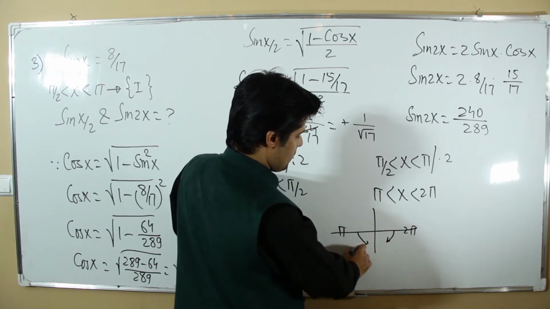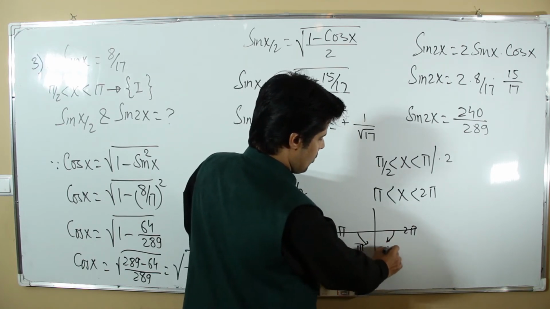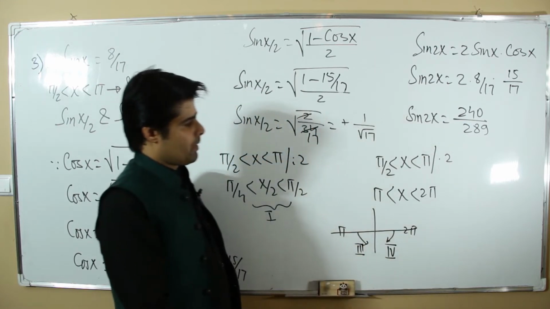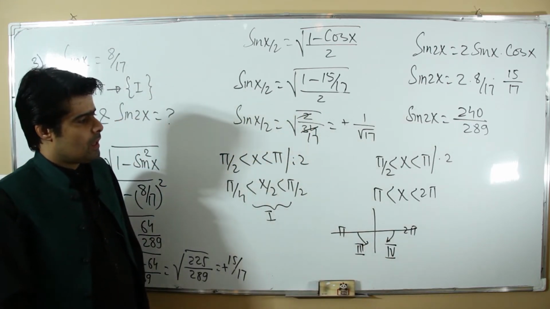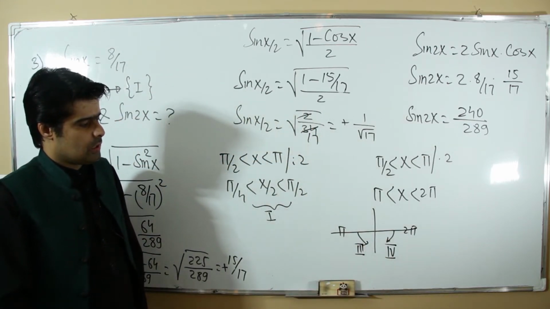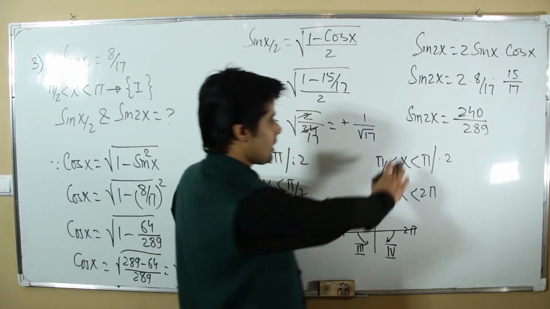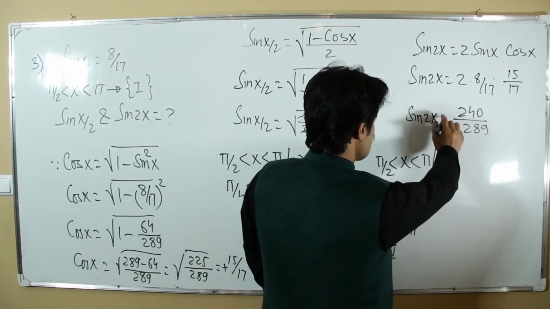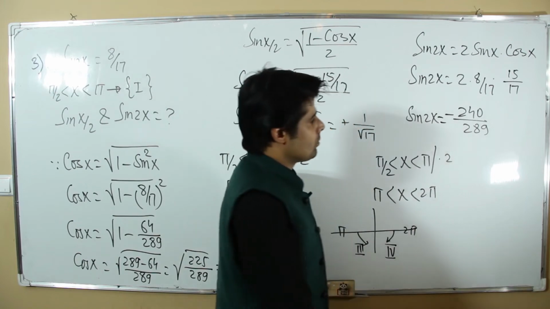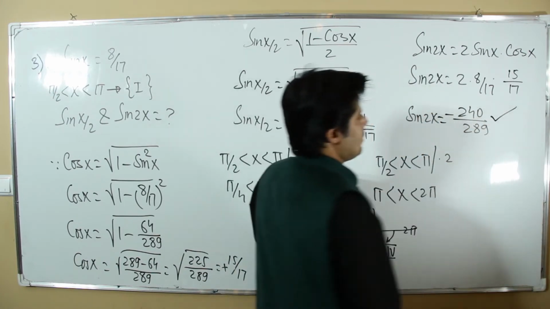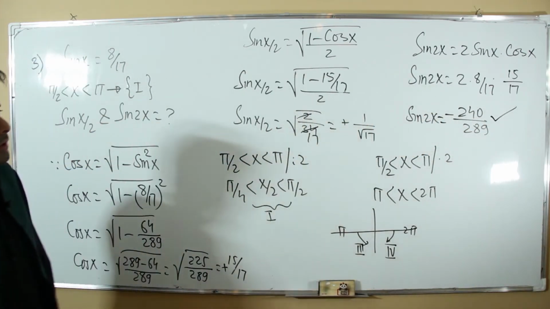So it should be maybe in the third quadrant or fourth quadrant. In the third and fourth quadrant, sine is negative. So the answer should be negative 240 by 289. I think you have got it.